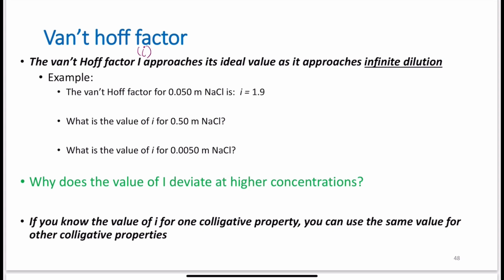I don't know its exact value, but I know that it'll be less than 1.9, maybe 1.8, maybe 1.7, maybe 1.85. I don't know. But this is more concentrated. So there's more ion pairing.